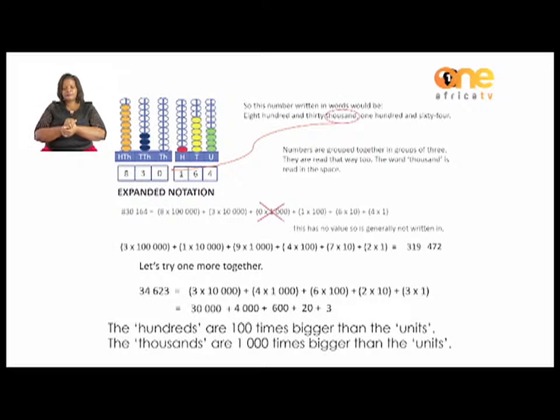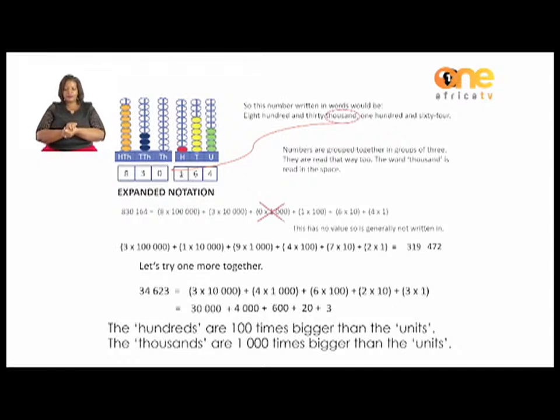This number is written in words as 830,164, and to write it in words, we say eight hundred and thirty thousand, one hundred and sixty-four. So that is how you write it in words.